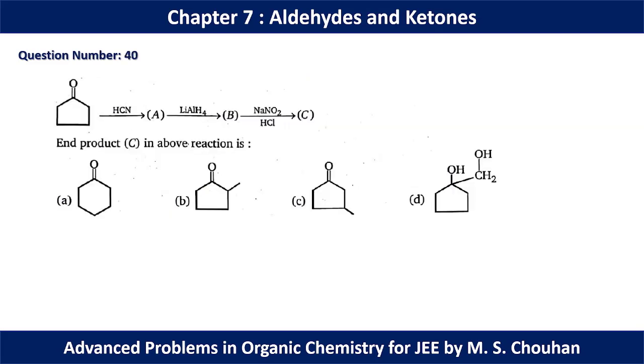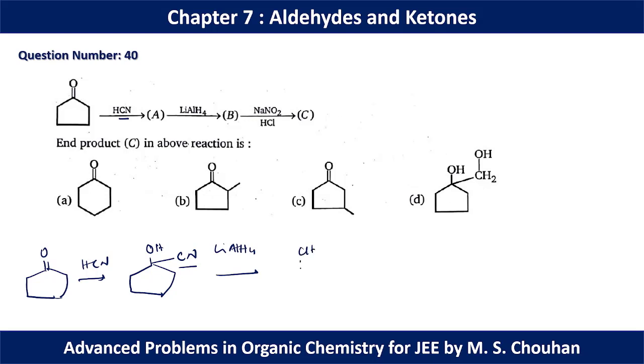In question number 40, we have HCN. So initially we have a cyanohydrin case. So after addition of HCN, we can have this kind of situation. Now lithium aluminium hydride can reduce this cyanide, and we can have CH2NH2.